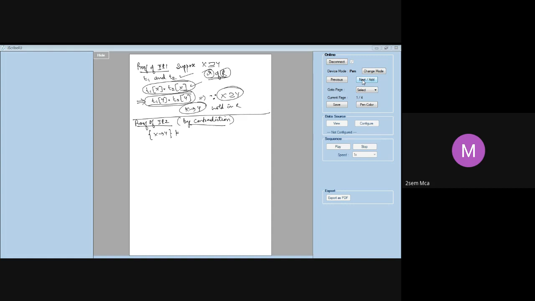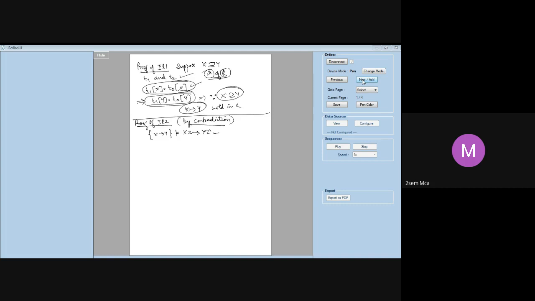What you can infer out of this is XZ determines YZ. This is our rule. Augmentation means, if you add a set of attributes to both the left and right side of the given FD, then you can bring out a new functional dependency. That is what you have to prove.